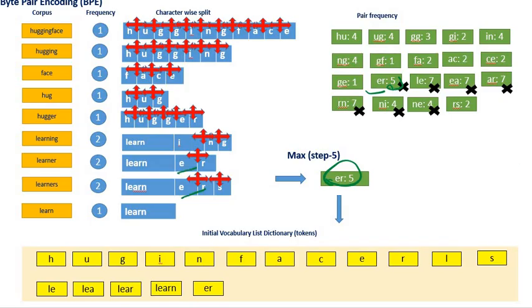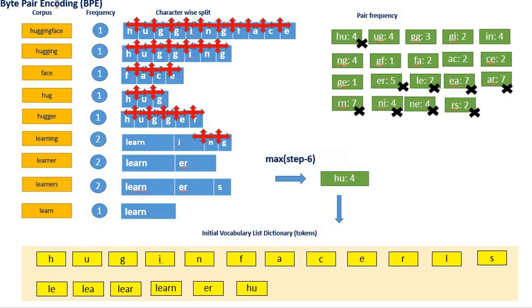And this one is a single one. So I can also sort this out and put it in the dictionary corpus. Fine. Next, again, if you see, HU has the next max, which is actually 4, right? So similarly, the same process I can put it here.